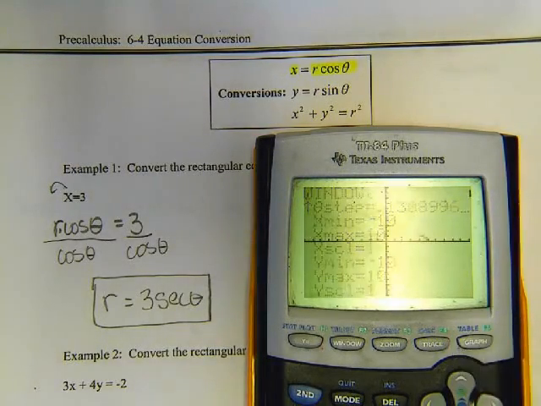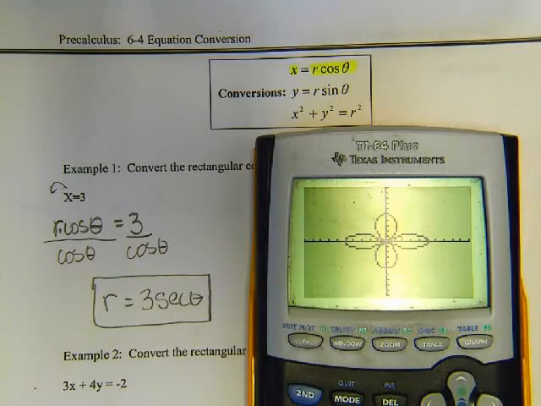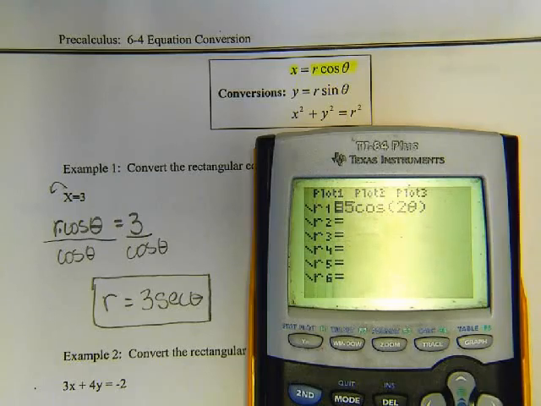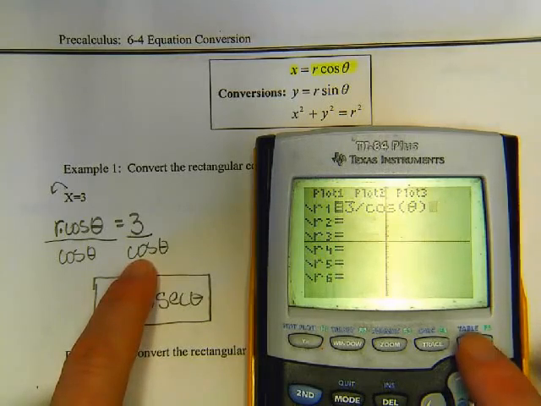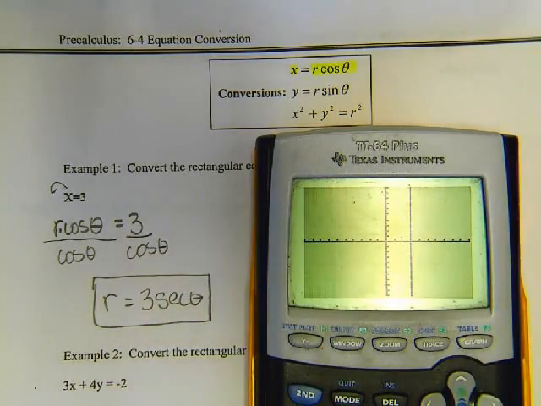Oh no, I didn't type my equation in, and I left it from Friday. So what should I type in then? 3 divided by cosine of theta, and lo and behold, a vertical line at 3 shows up.